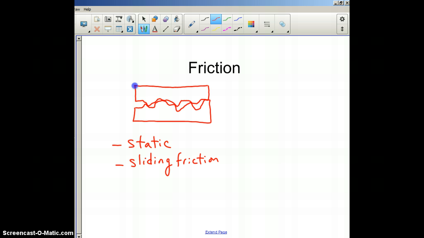Static friction is always higher than sliding friction. It always takes more force to start an object moving than it takes to keep it moving once it begins to move. Another feature of friction is that it acts parallel to the surface.